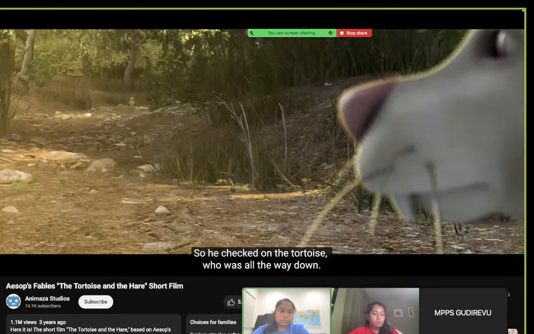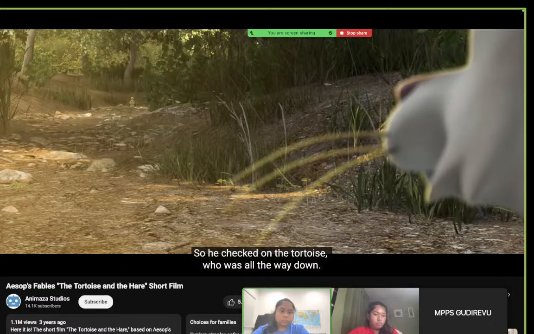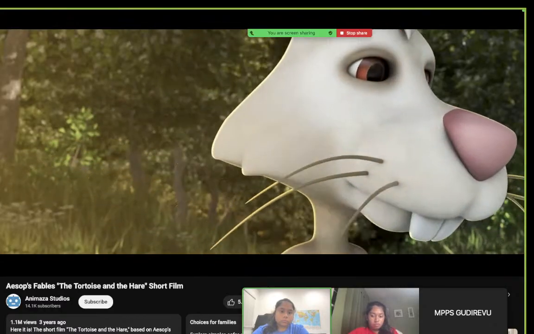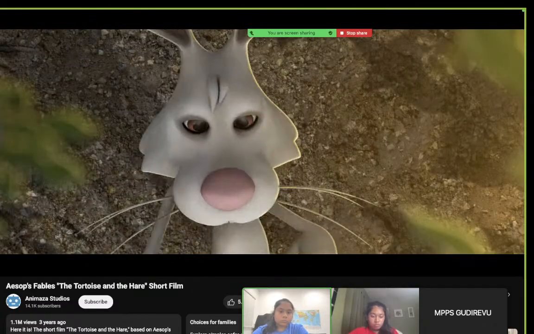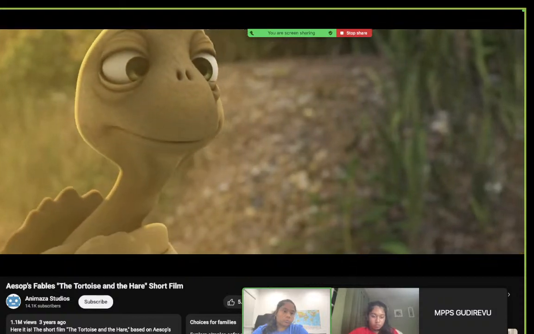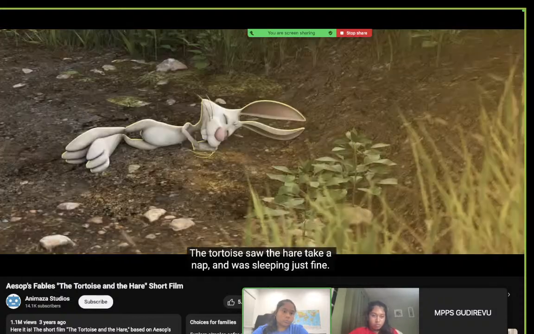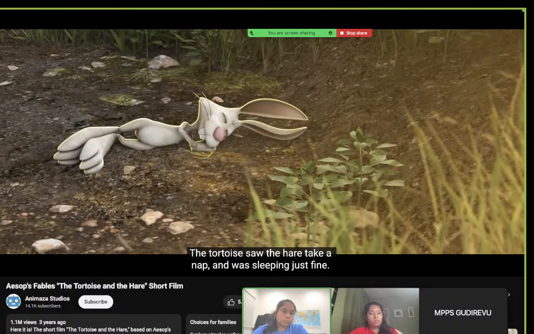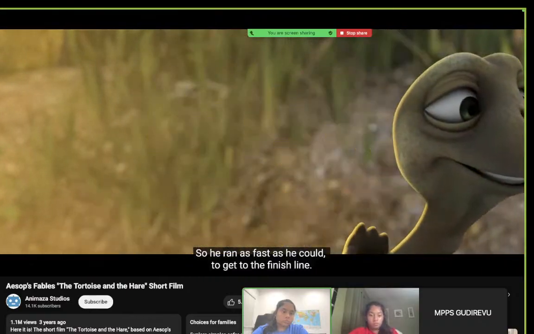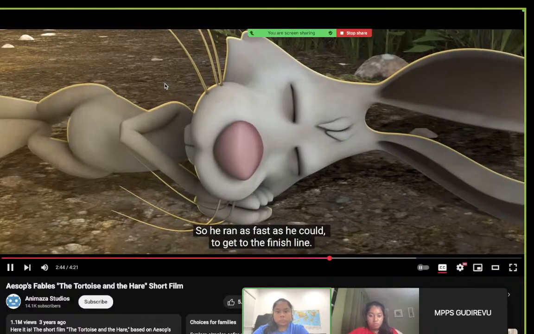The tortoise saw the hare take a nap and was sleeping just fine. So he ran as fast as he could to get to the finish line.